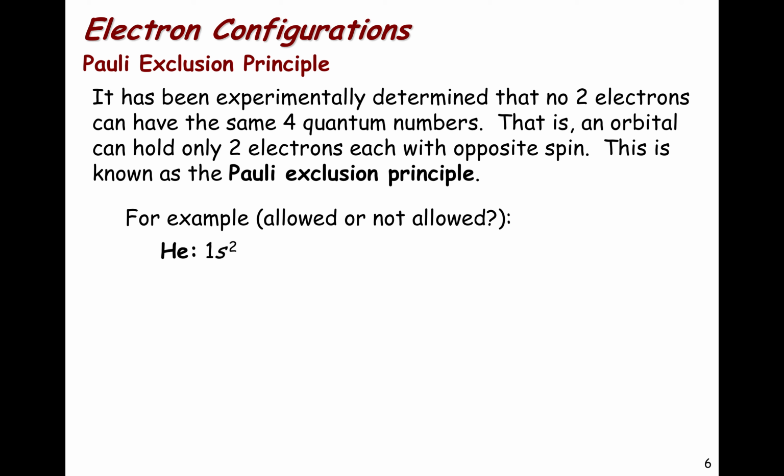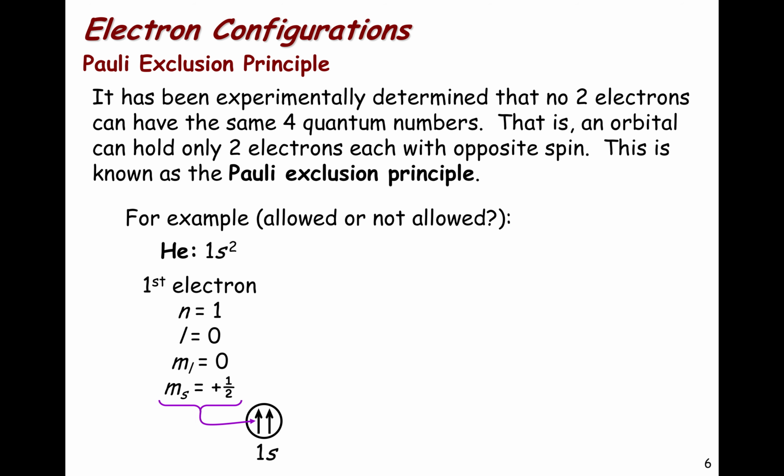So this is a way that we can represent our electron configuration, but to be more specific in terms of how you can represent your spins, if both of the arrows are pointing up, that's implying that the m sub s values for both of those electrons is +1/2, and that violates the Pauli exclusion principle.